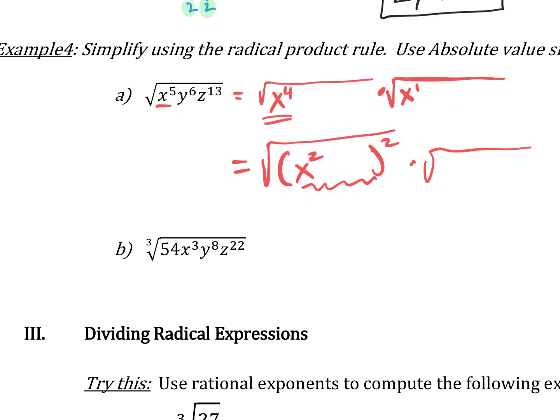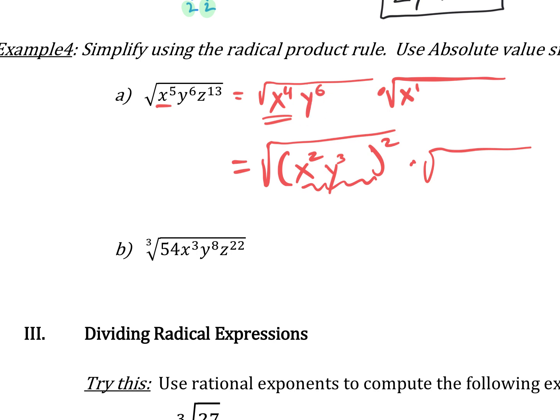And what about y to the 6th? Can we simplify y to the 6th? I think we can, because y to the 6th can be written as y to the 3rd squared. Remember, when we have a power to a power, the exponents multiply. So y cubed to the 2nd power is y to the 6th. These are the same thing. Okay?